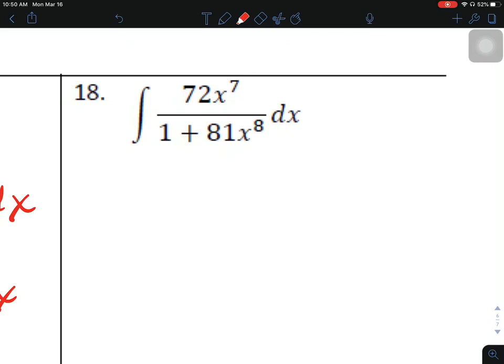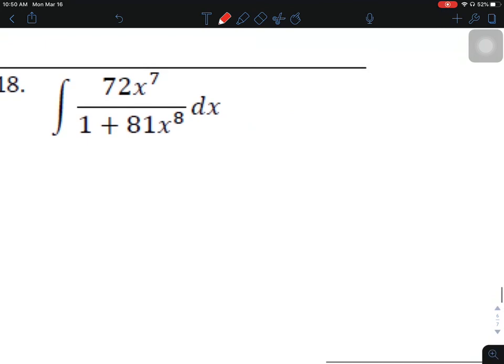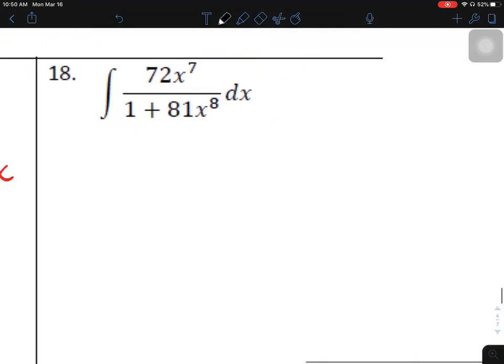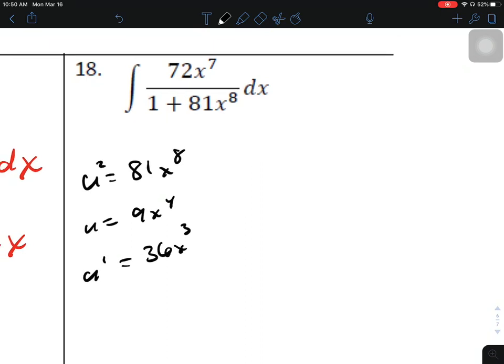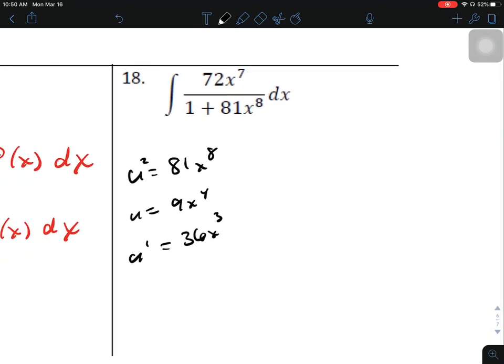Okay, so this 1 plus on the bottom with no radical, no absolute value, tells me this is tangent or cotangent. It's positive, so it's tangent. To proceed, whatever you're adding to 1 is u squared, which makes u 9x to the 4th, which makes u prime 36x cubed. It's a problem.